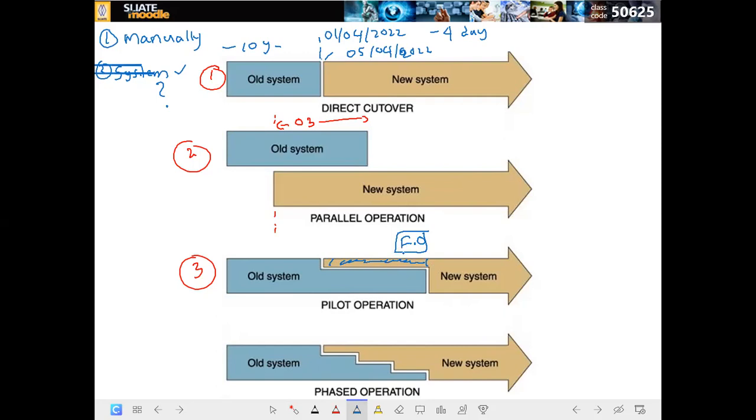Then you can make sure other parts also will run correctly. You think like that, and then you can implement the other parts and you can migrate to the new system totally. So that's the pilot operation. The other one, the fourth type, is phased operation. What's the description for that one?